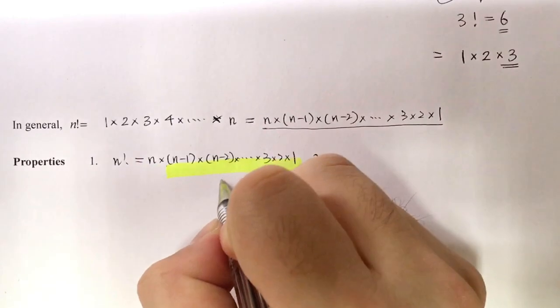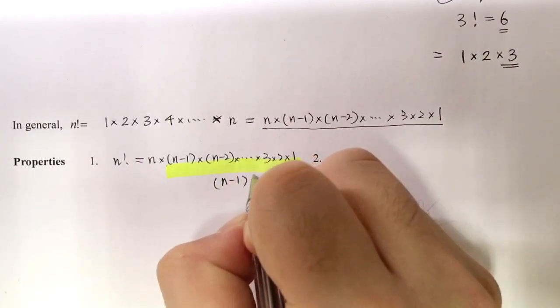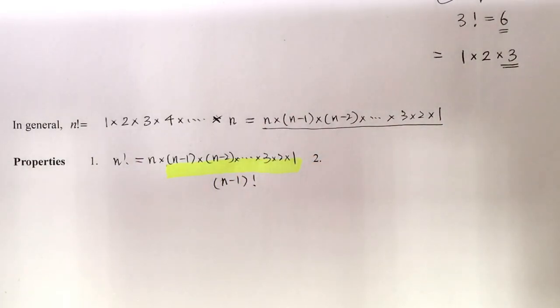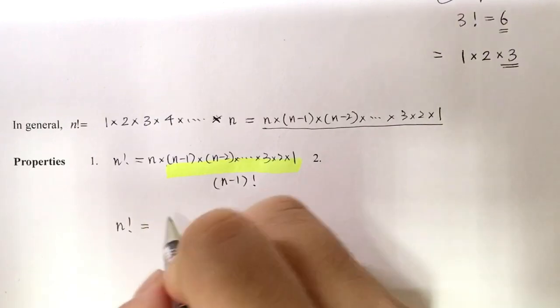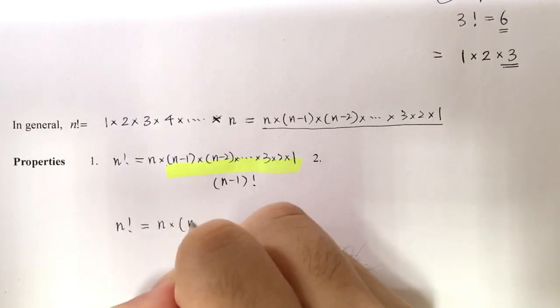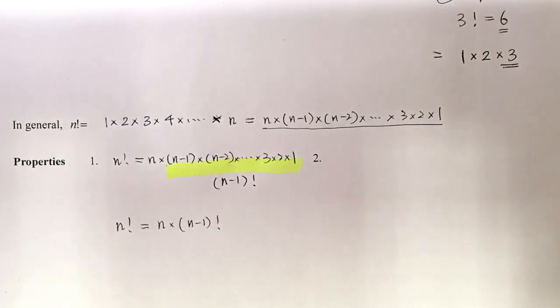It is actually n minus 1 factorial, isn't it? It starts from n minus 1, multiplied by one smaller and smaller up to 1. So for the first property, we have n factorial is n times n minus 1 factorial.